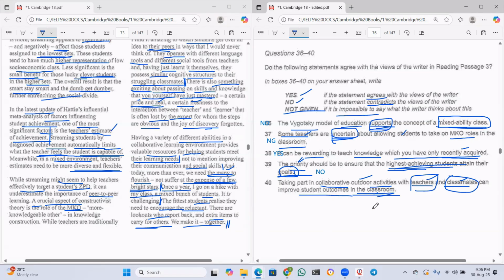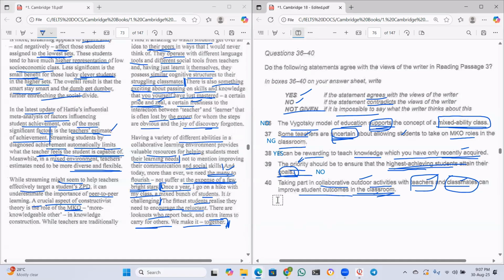Did he talk anything? I don't think he gave any relevant answer for this, right? So here he spoke only how he goes hiking and what is the outcome in the outdoor activities. But the question is about what this can improve in students' outcome in the classroom. So no, they are not matching.